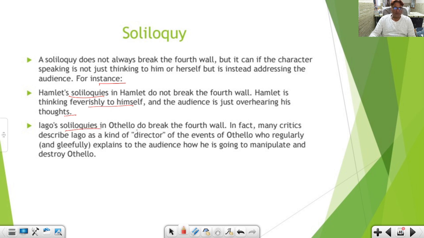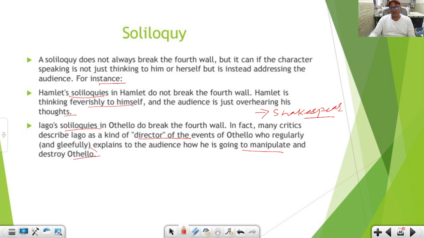Now the soliloquies in Othello. You are observing most of the plays by William Shakespeare. I told you in the beginning that Shakespeare is the king of soliloquies. So Othello's soliloquies do break the fourth wall. In fact, many critics describe Iago as a kind of director of the events of Othello, who gleefully, very happily, explains to the audience how he is going to manipulate and destroy Othello.